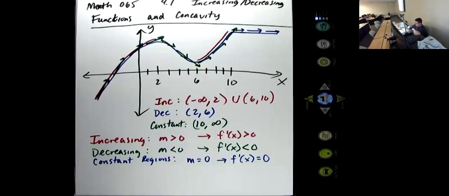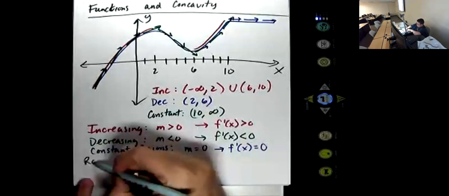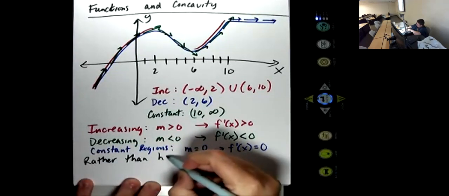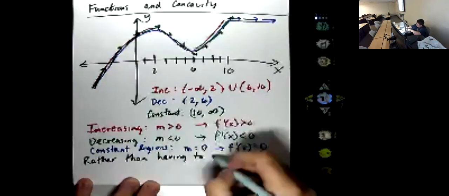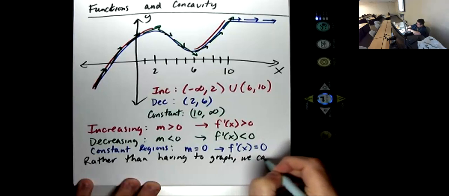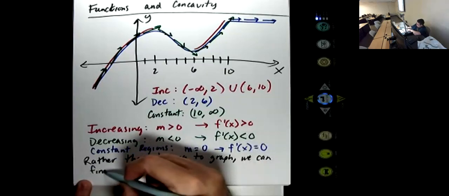And this gives us, rather than having a graph, a way of testing. We can find regions of increase and decrease without graphing.